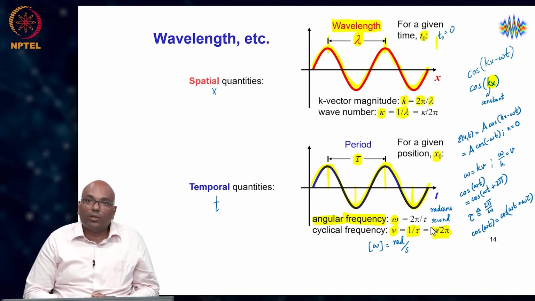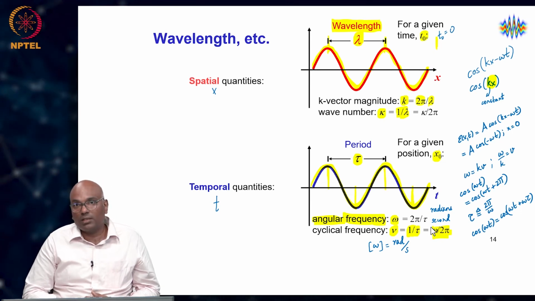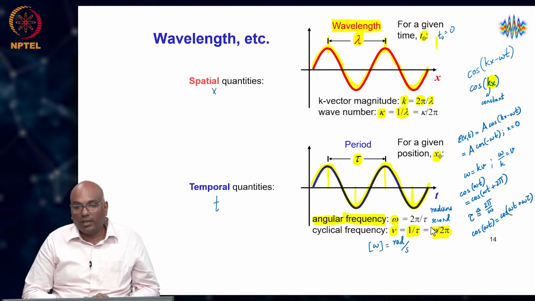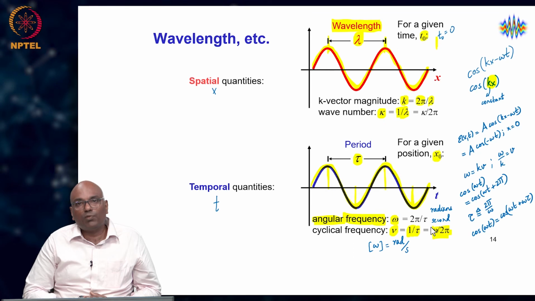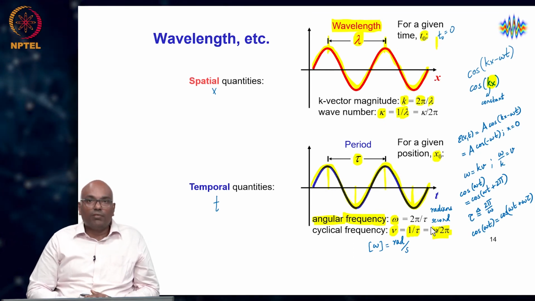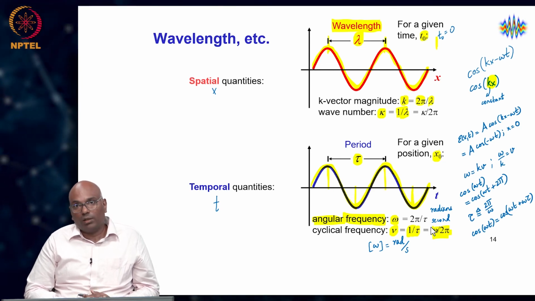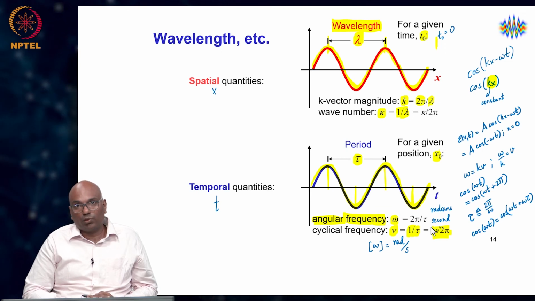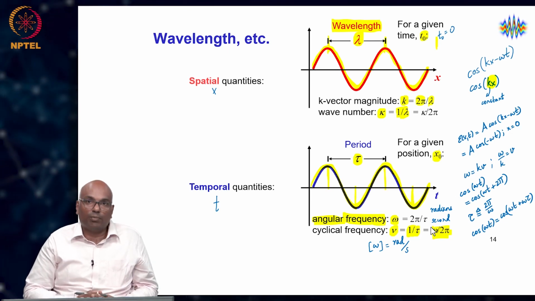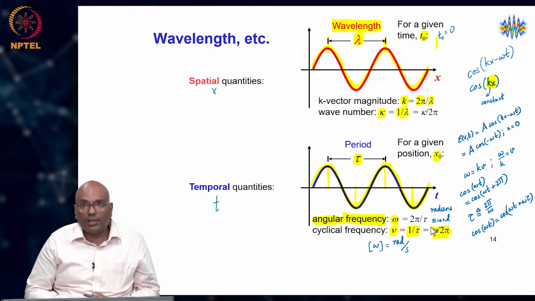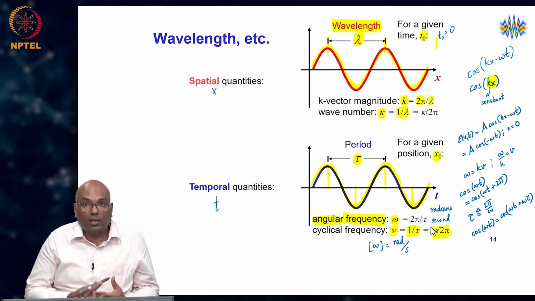The amplitude relevant in this case, the spatio-temporal amplitude that is relevant in this case is E. E is a function of x and t, and we wrote down the simplest form of the light wave in one dimension to be E of x,t is equal to A cosine (kx minus omega t), after introducing another constant which generalizes the scenario so that the periodicity of this wave can be varied in space and time as the case may be.